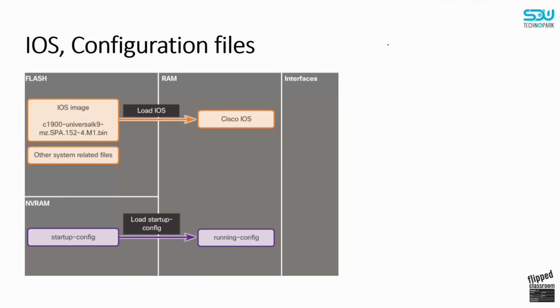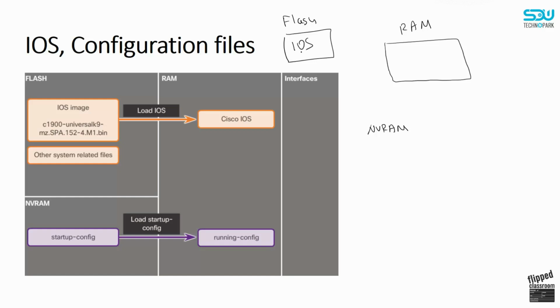When you are starting your router, as I mentioned before, we have NVRAM memory, RAM memory, and flash memory also. The operating system of Cisco is called the IOS, Internetwork Operating System.